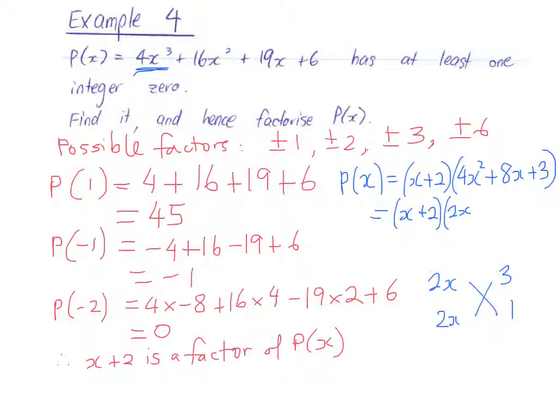So then we have 2x plus 3 and 2x plus 1. And there we have p of x, and it is fully factorised just by looking at that constant, thinking about all the factors of 6 and using our factor theorem, because remember, if p of a equals 0, then x minus a is a factor of p of x.